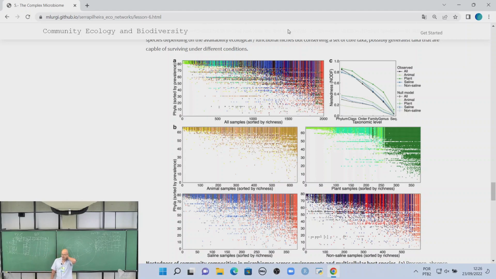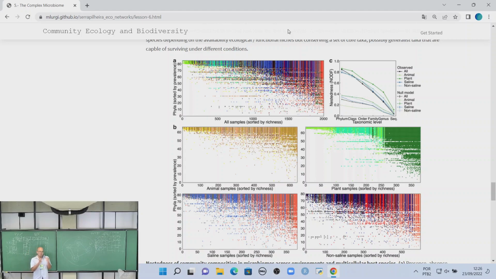I like to think about these things in terms of ecological processes, because I guess I'm an ecologist. One potential explanation is that these communities seem to be organized with a core microbiome in which those microbes are very generalist and found across many different environments, probably because they are able to do any kind of metabolic function.